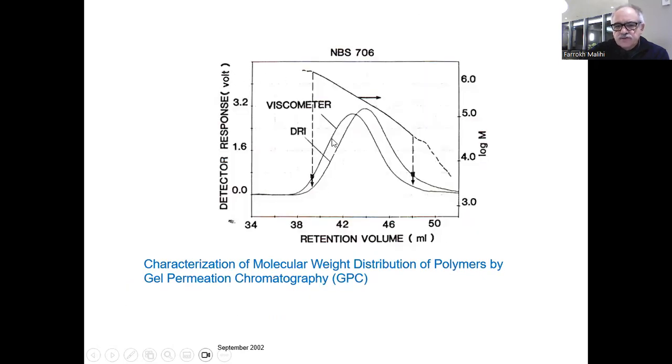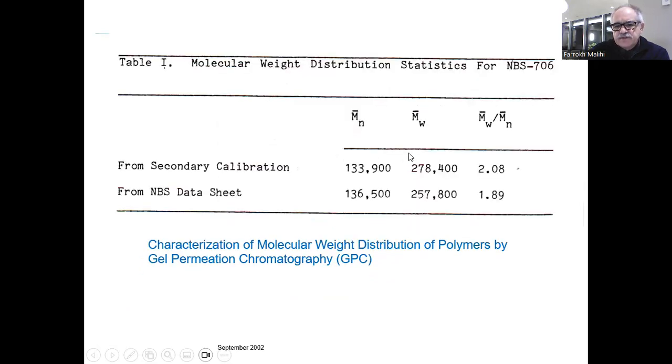This again shows two different detectors, a viscometer detector and refractive index detector. And the result can be summarized in terms of various molecular weight averages, number average, weight average, and the ratio to give a measure of polydispersity for molecular weight distribution.